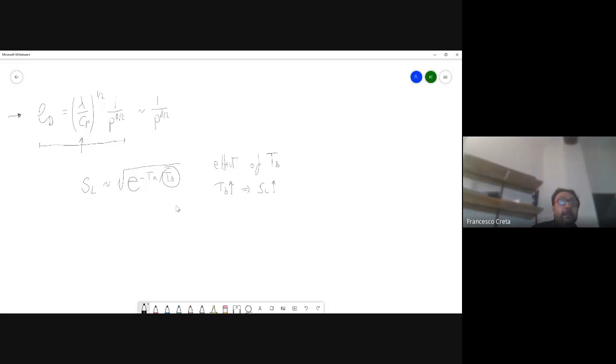But what does TB depend on? Generally it will depend on three main factors. One will be the equivalence ratio.